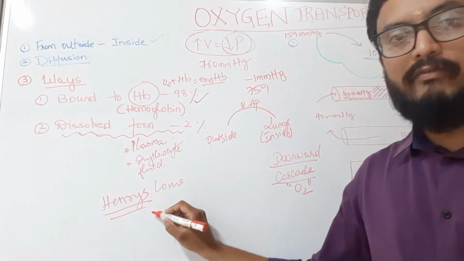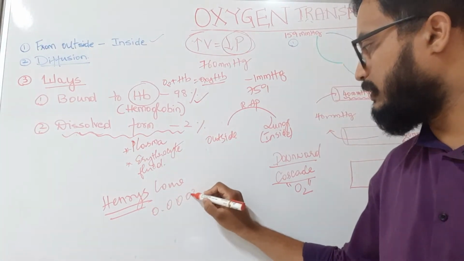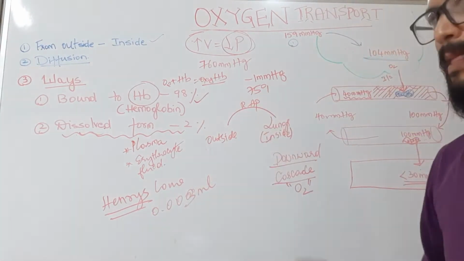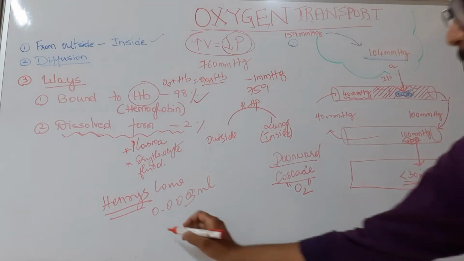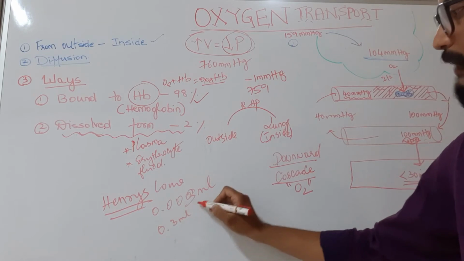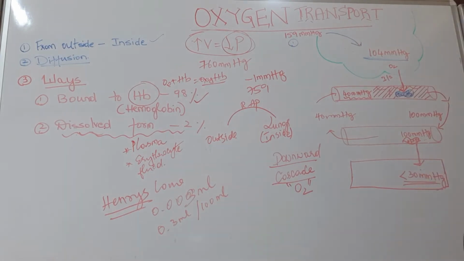The solubility of oxygen is very, very less. It is about 0.000003 ml. Therefore, only 0.3 ml of the oxygen can be transported by 100 ml of blood. So, it is much lesser.